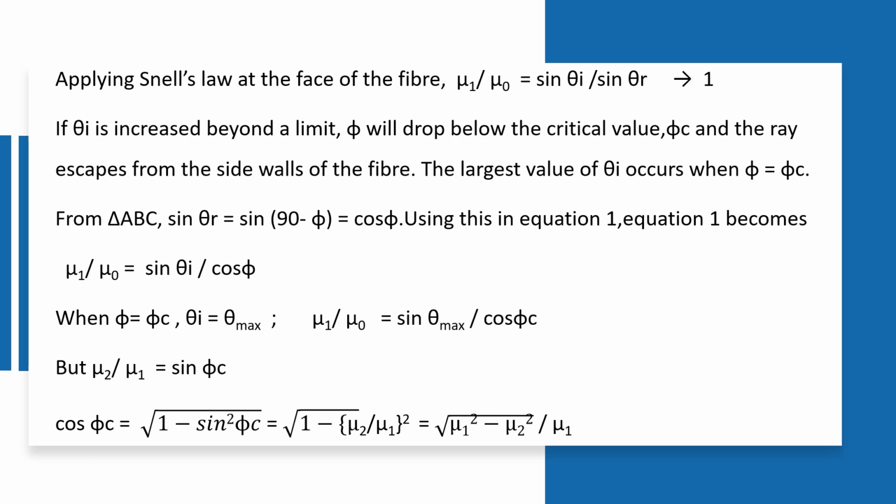If the value of the angle of incidence is increased beyond a limit, then the angle of incidence at the core cladding region will drop below the critical value phi c. Then the ray will escape from the core region.